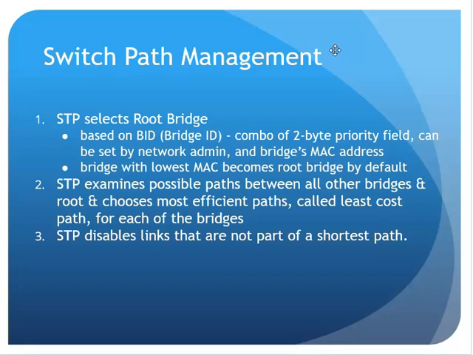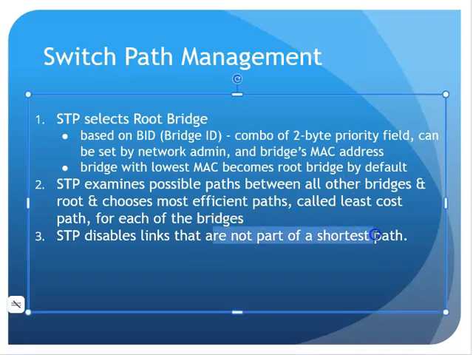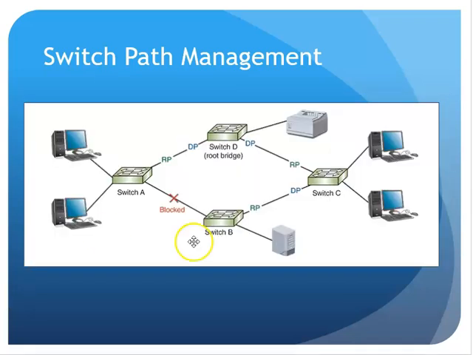The lowest MAC becomes the root bridge by default, and then it's the one that figures out the least path and kind of puts the other paths in a blocking state, if you will. It'll disable those links that are not part of that shortest path. And it does this kind of thing right here, where it blocks this redundant path. So that is going to hopefully prevent your bridging and switching loops, if you will.